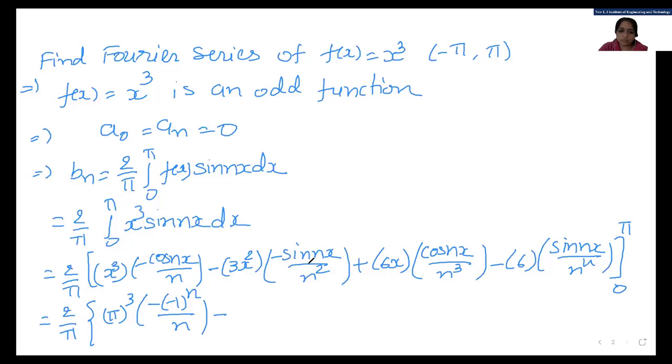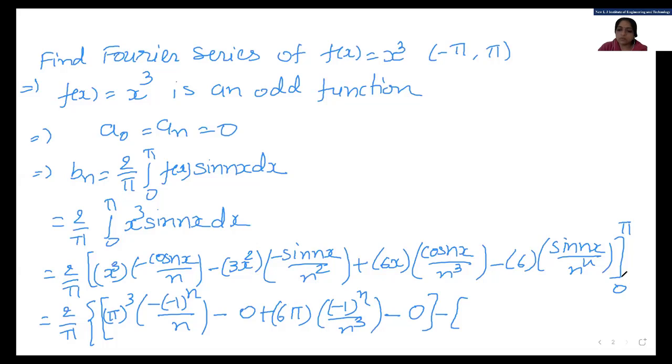Minus, if we apply pi in the second term, then 3 pi square, but sin n pi is 0, so our second term will be 0. Plus 6 pi, and again the value of cos n pi is minus 1 raised to n, upon n cube. And minus sin n pi is 0, so the fourth term is 0. So this is the value of the upper limit.